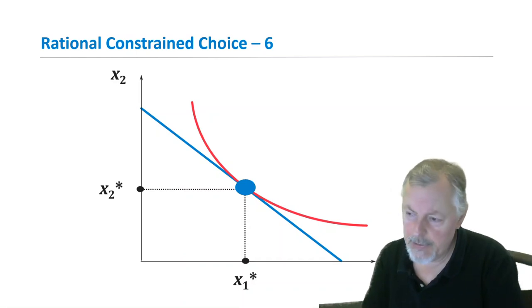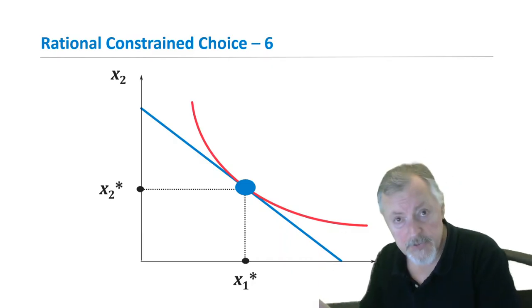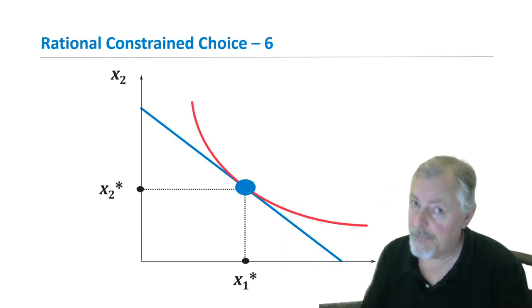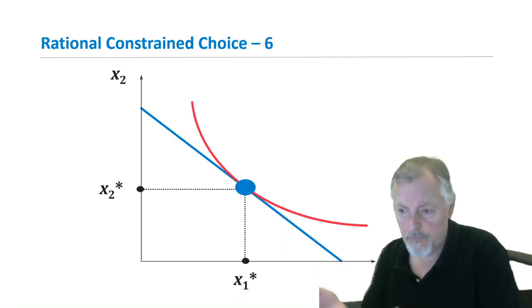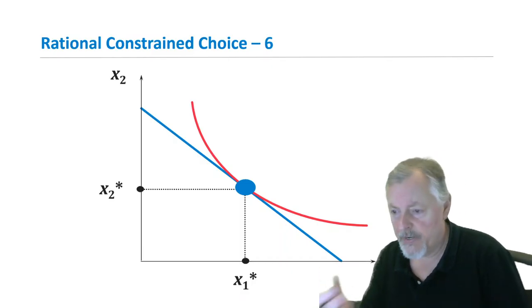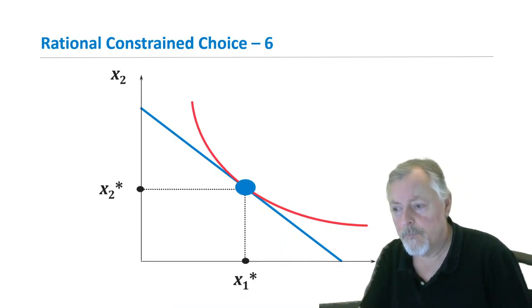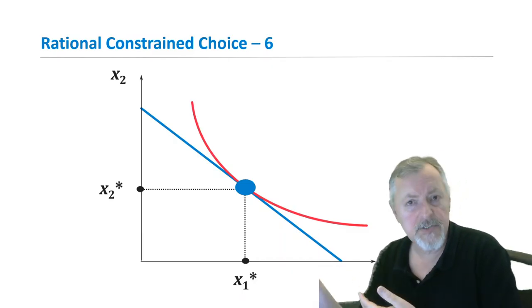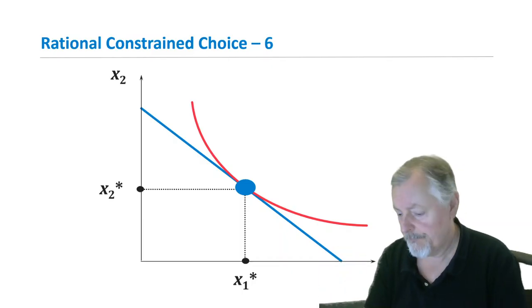This is the core of consumer theory. Consumers have preferences. They also have budget constraints. They pick the combination of X1 and X2, apples and oranges, whatever, that maximizes their utility given their budget constraint.